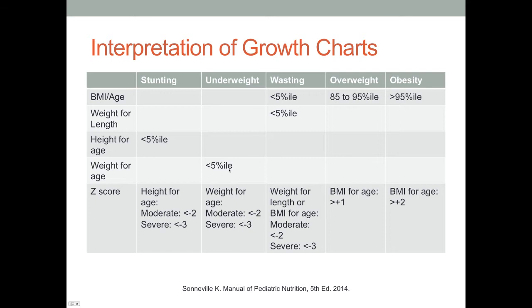But their Z-score can tell you whether they have moderate or severe malnutrition. And then their BMI for age or weight for length can tell you if they actually are experiencing wasting, so kind of acute undernutrition and also malnutrition. And then overweight, we can really only do that using BMI. We don't have accepted standards using the weight for length charts.